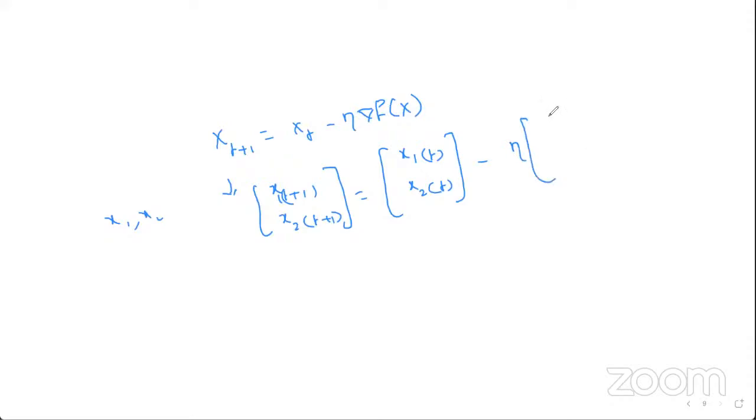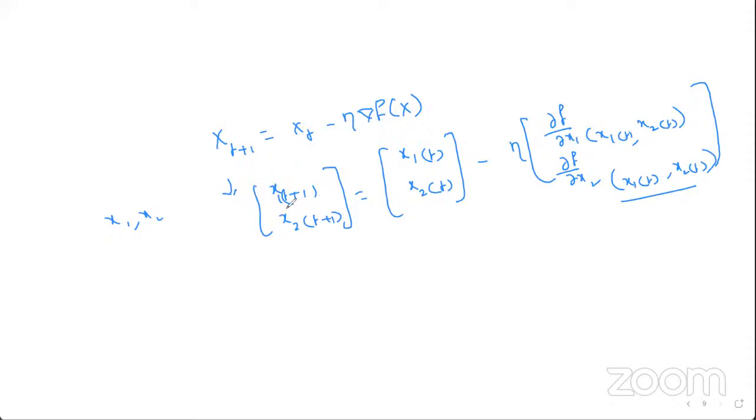What does this gradient mean? Dou f by dou x1, dou f by dou x2 at x1 of t, comma x2 of t. Okay, is this clear?